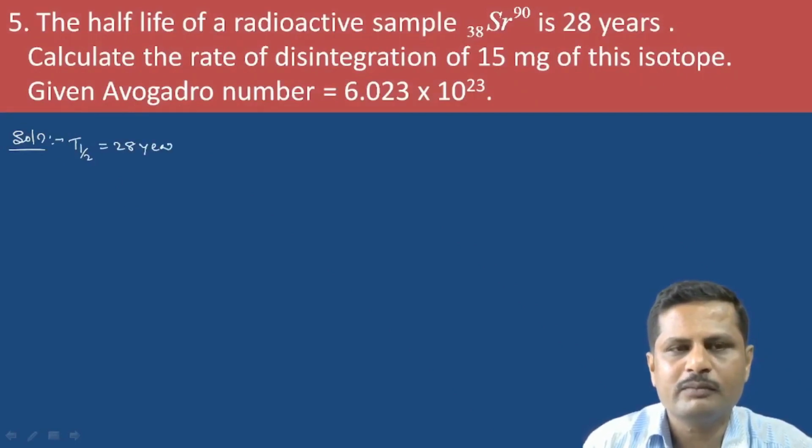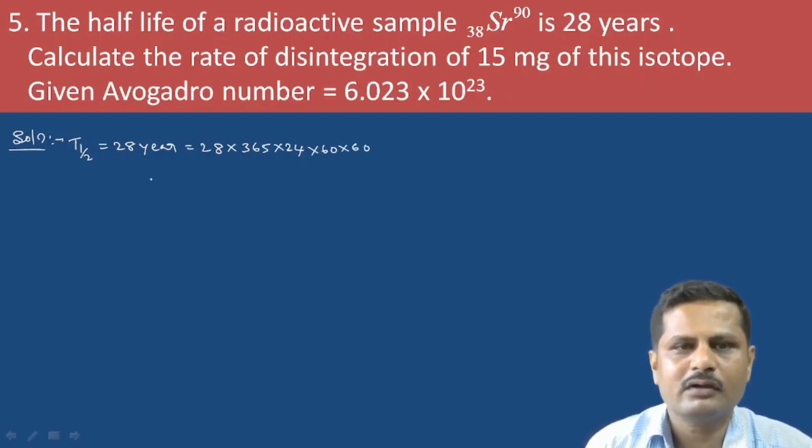But this must be expressed in seconds. That is, 28 years, and in 1 year how many seconds are present? That can be calculated like this: 365 days, 24 hours, 60 minutes and 60 seconds. So when you calculate this, we get 28 into 365 into 24 into 60 into 60.